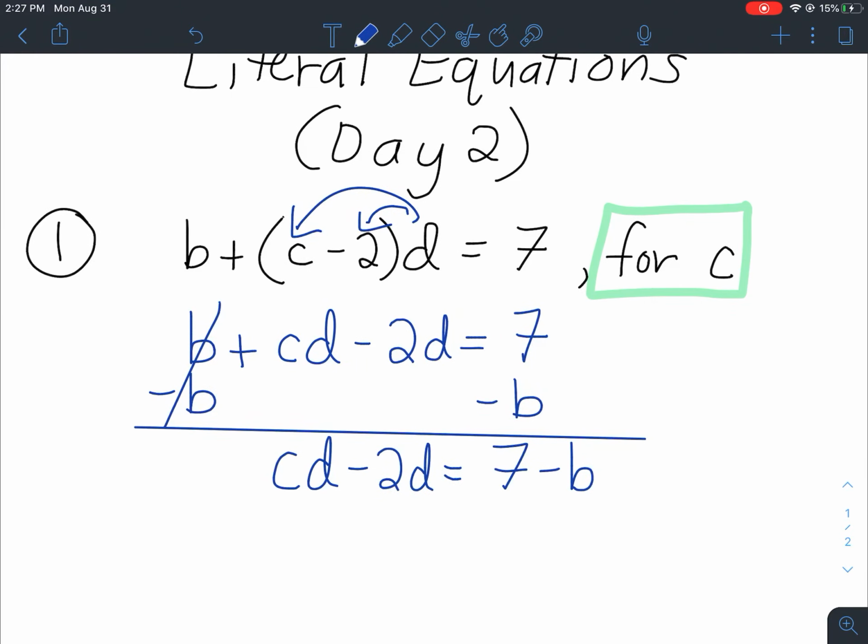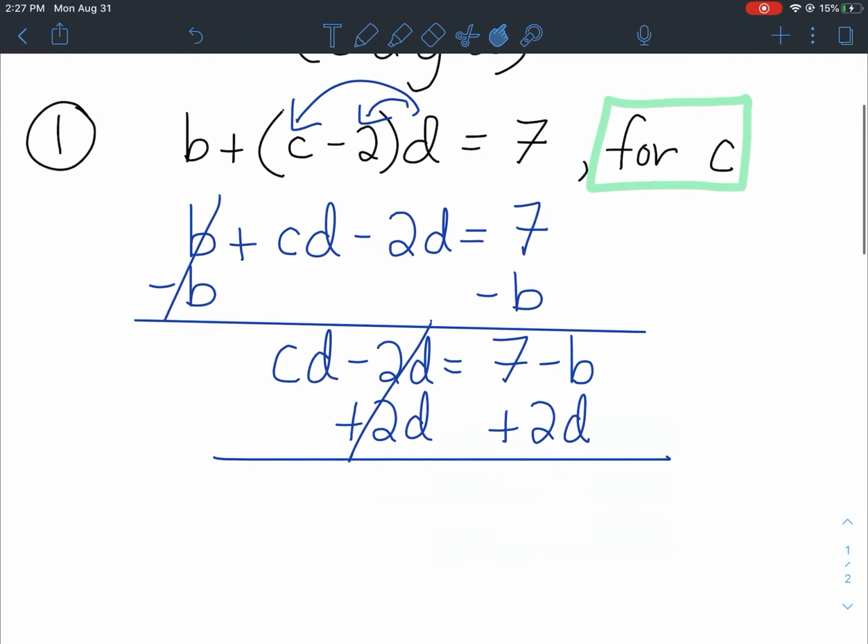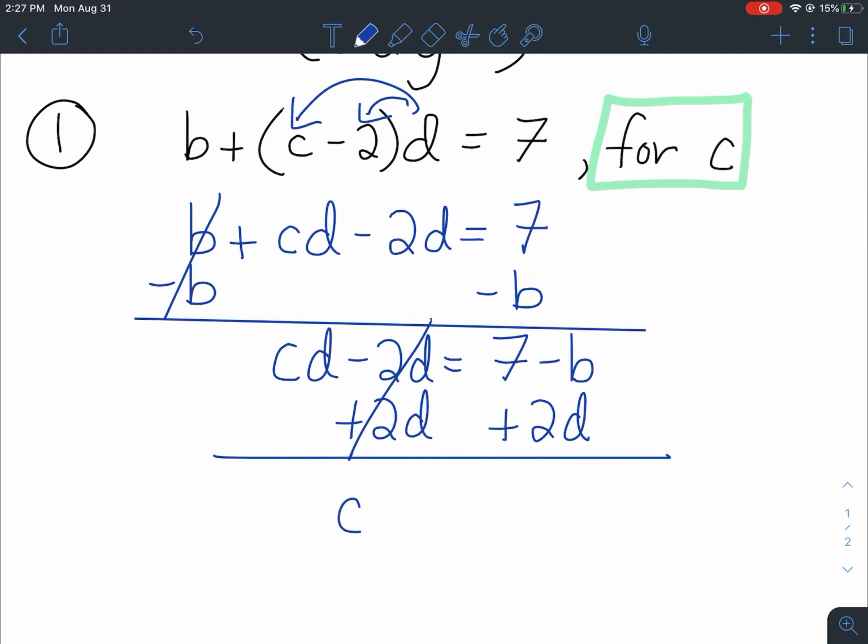Now what we do next is we are trying to get c by itself, so we have to get rid of minus 2d. You do that by adding 2d. So now we have cd equals 7 minus b plus 2d.